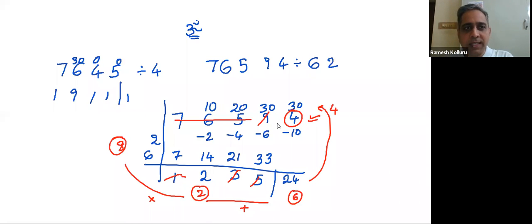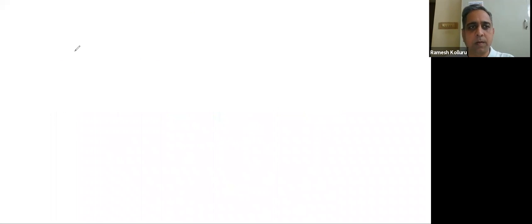Now a participant has requested, let us see that. So here 7643652 divided by 634.